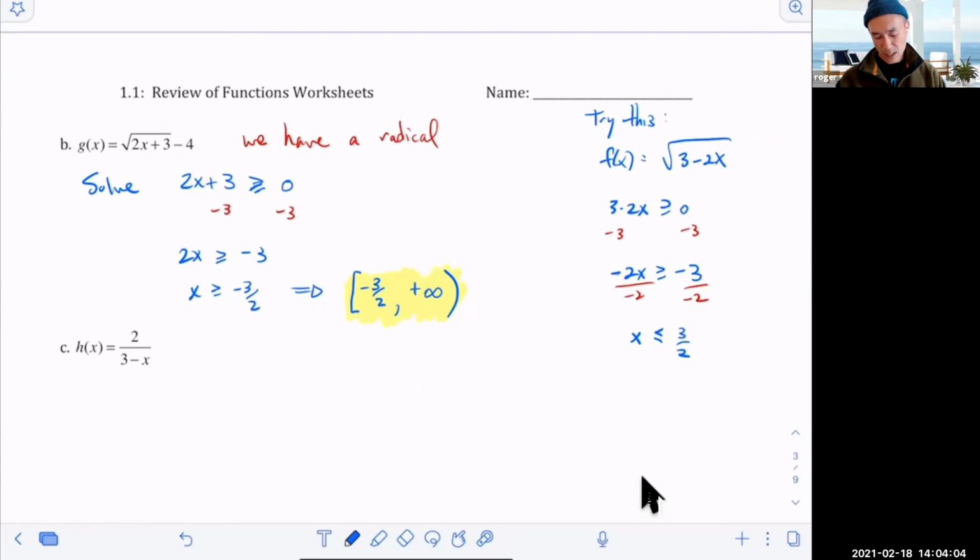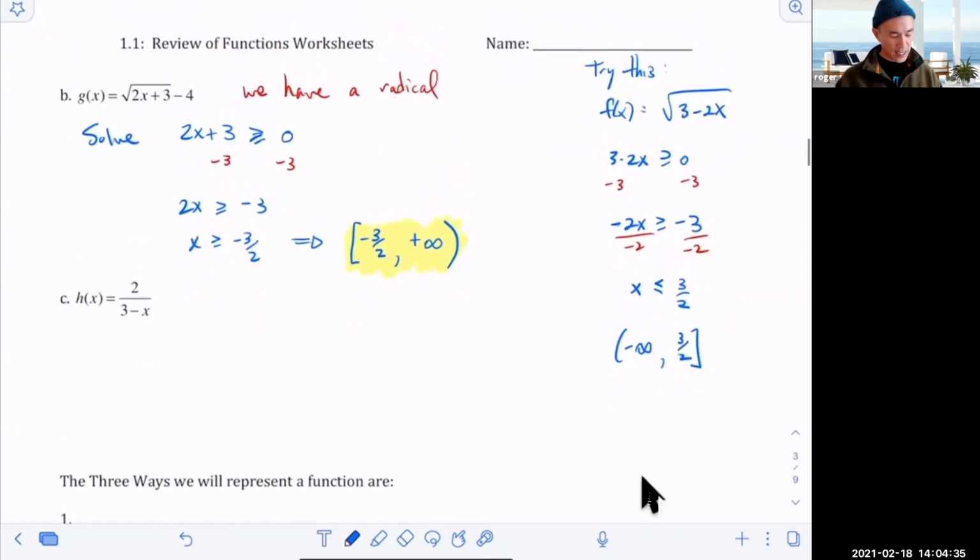So this is saying that the biggest the x value can be is 3/2, and we want to include it. And then the smallest it can be, well, we can go to -infinity. So I think it's going to look something like that. Does that make sense to everybody? Any questions? All right.